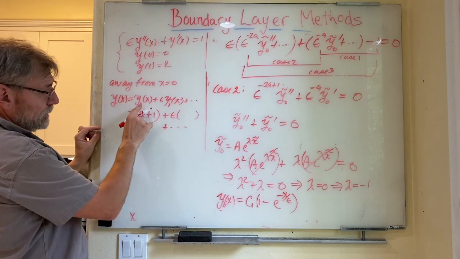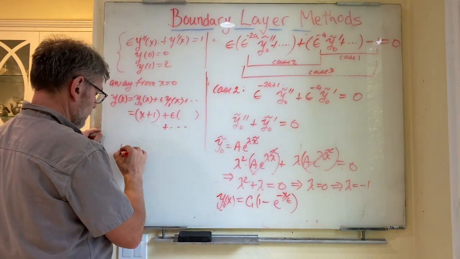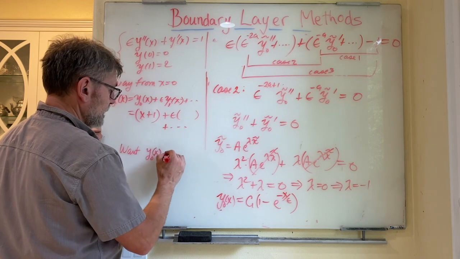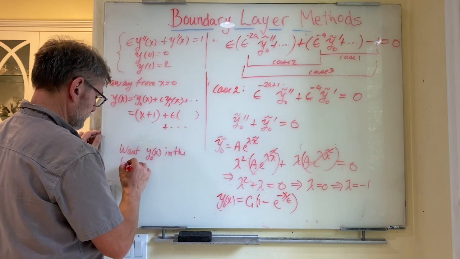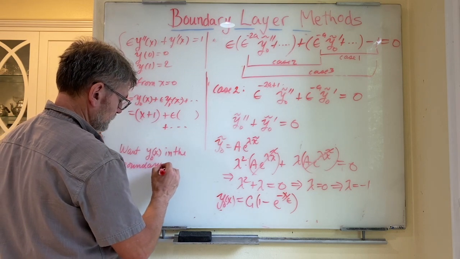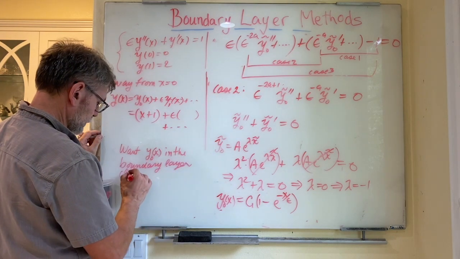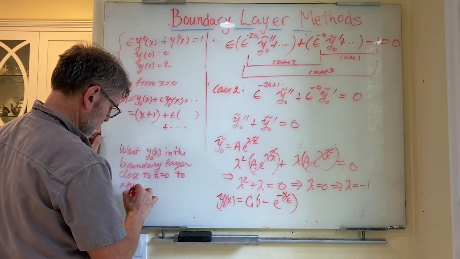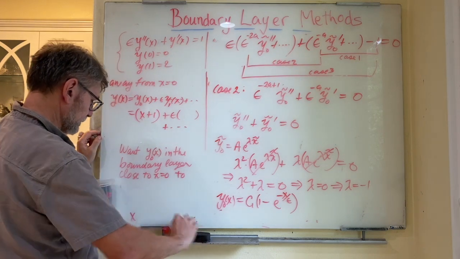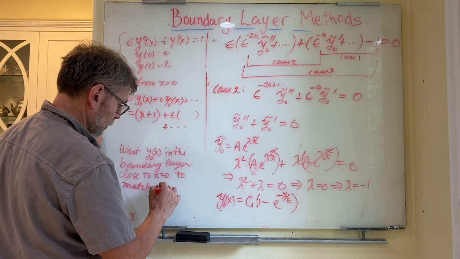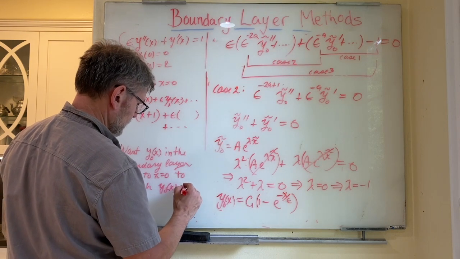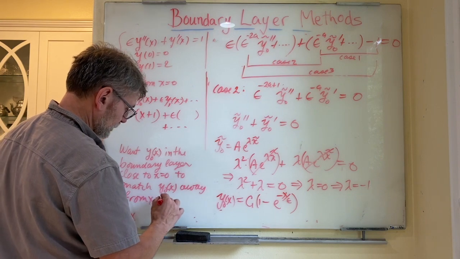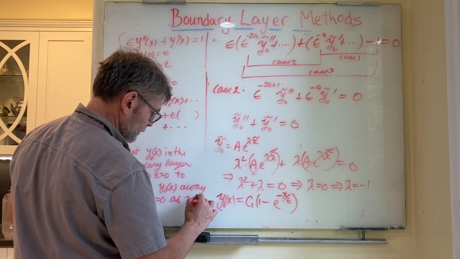We want y naught of x in the boundary layer close to x equals 0 to approach, or to match, y naught of x away from the boundary layer as x goes to infinity.